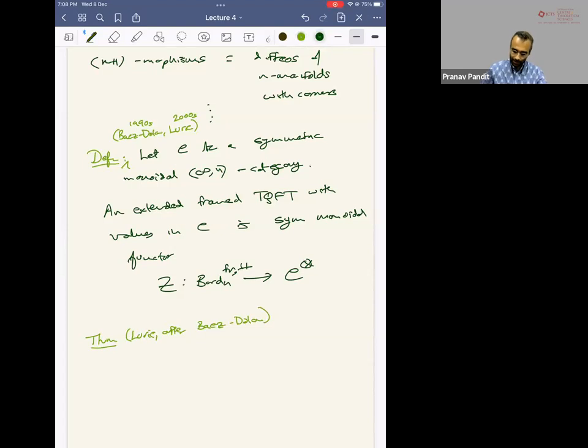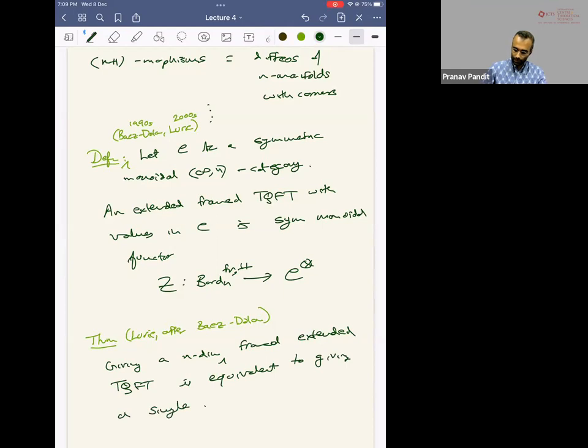It is a complete classification in all dimensions: giving an n-dimensional TQFT with values in C, a framed extended TQFT, is equivalent to giving a single fully dualizable object in C. I haven't defined this, but it is some finiteness condition.